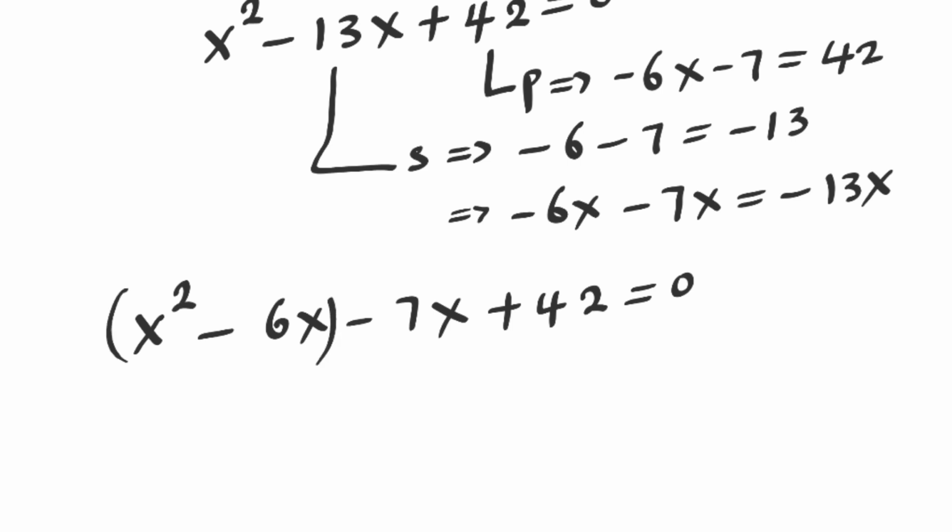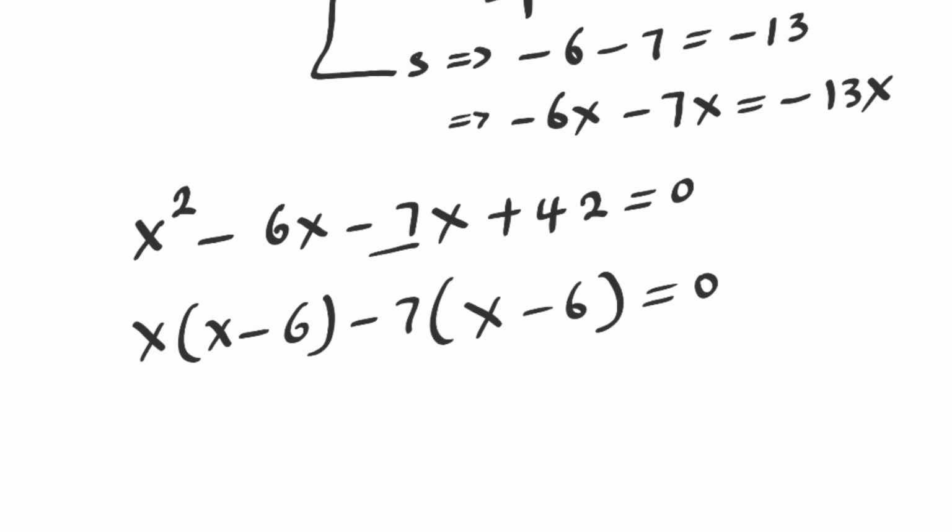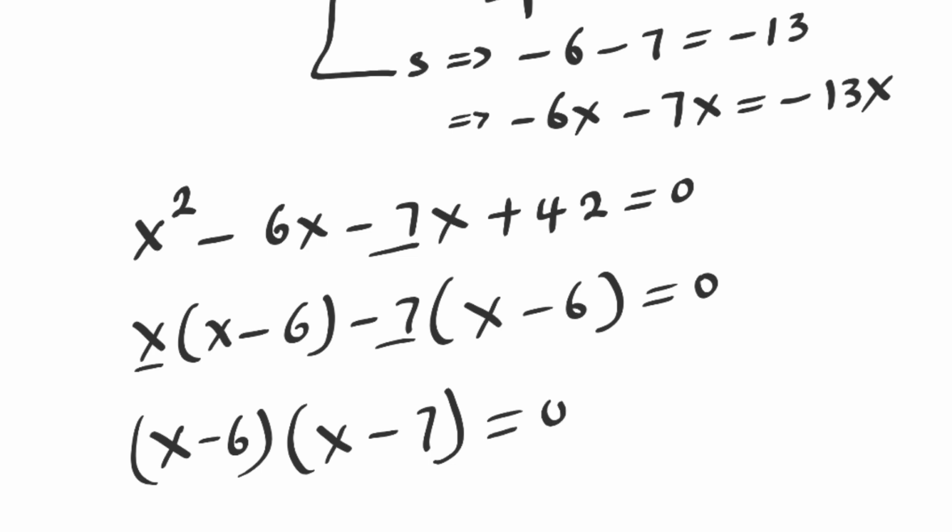So this and this will give x bracket x minus 6. Then we have minus 7 bracket x minus 6 is equal to 0. Now here we have x minus 6 here, x minus 6 here, which is common. x minus 6 bracket this x, then minus this 7 is equal to 0.